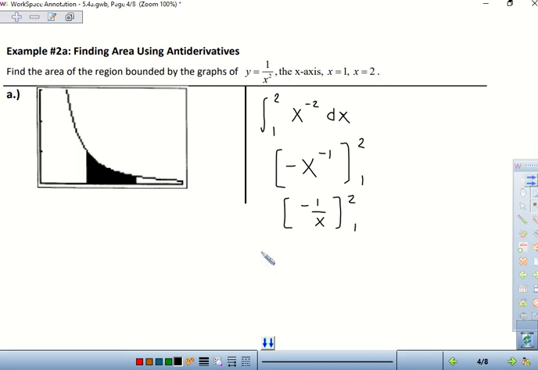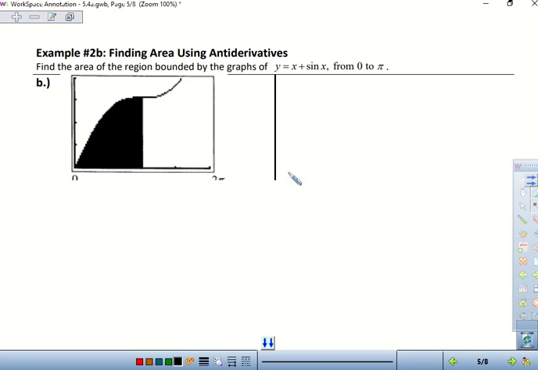Now we're going to plug in the endpoints. That's -1/2 plus 1, which is 3/2. Everybody good with that? Okay. This is the kind of question I would definitely ask you. I don't think that's too bad. Okay.